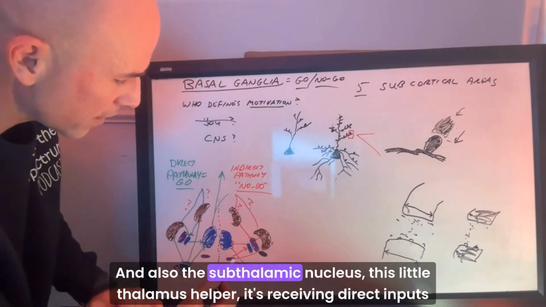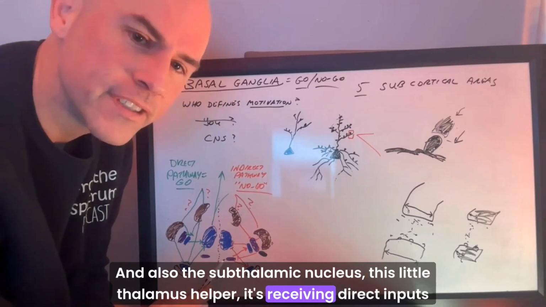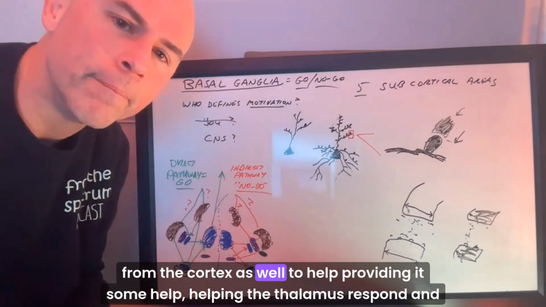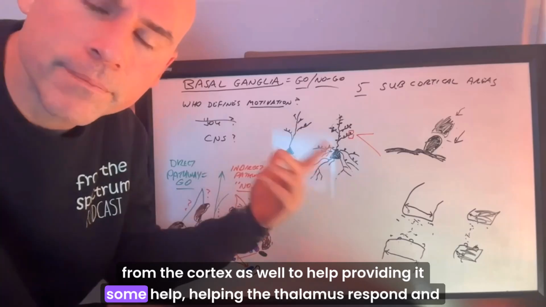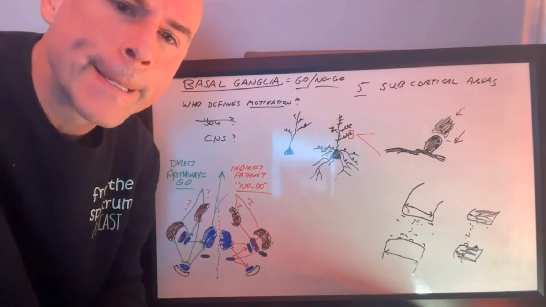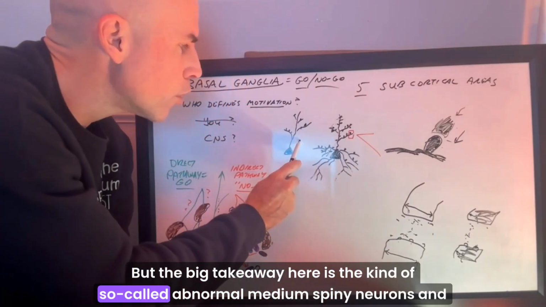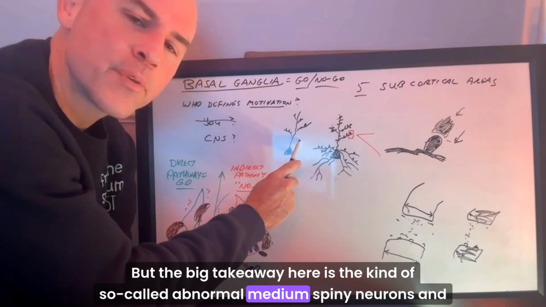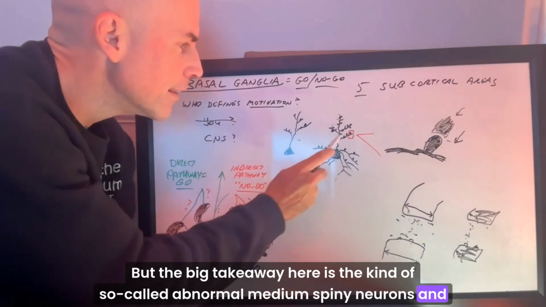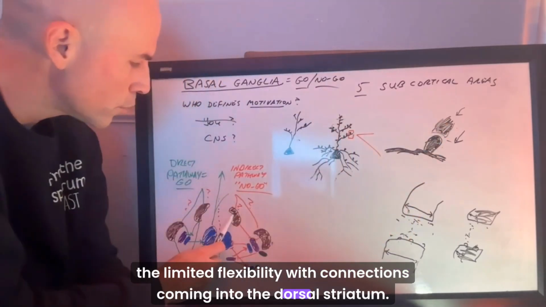And also the subthalamic nucleus, this little thalamus helper. It's receiving direct inputs from the cortex as well, helping the thalamus respond and so forth. But the big takeaway here is the so-called abnormal medium spiny neurons and the limited flexibility with connections coming into the dorsal striatum.